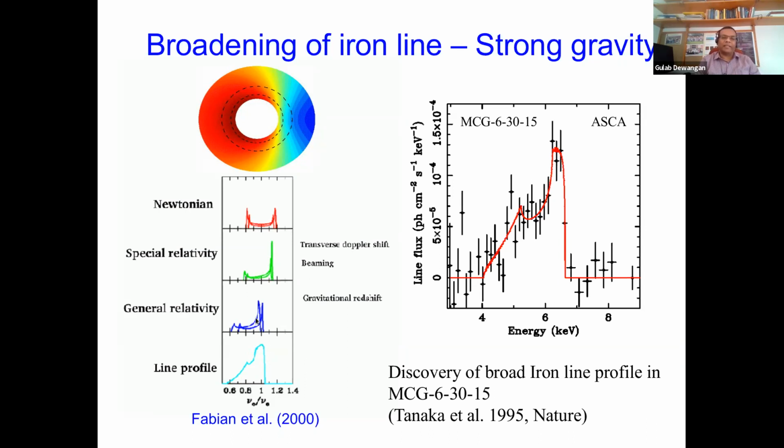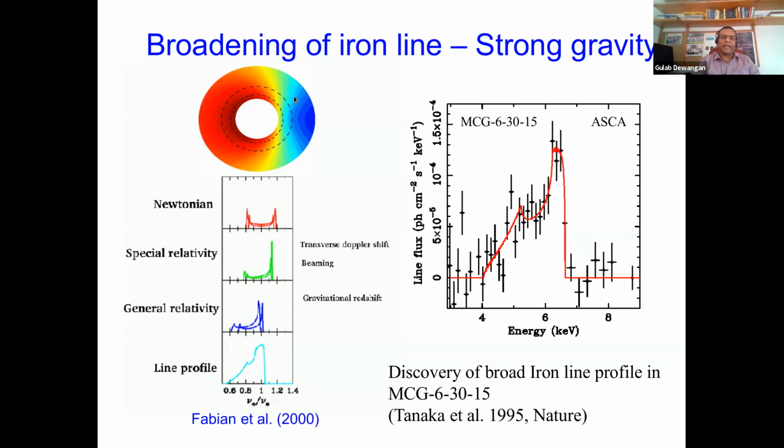And now if you apply general relativity, then the red wing of the line gets extended to even lower energy, depending on the distance of this annulus from the black hole. If this annulus is closer to the black hole, this extension of the red wing will be stronger.